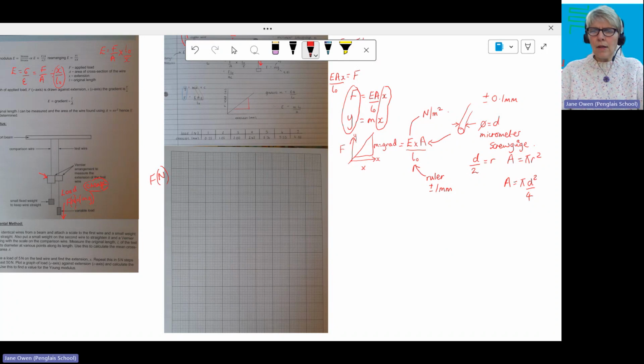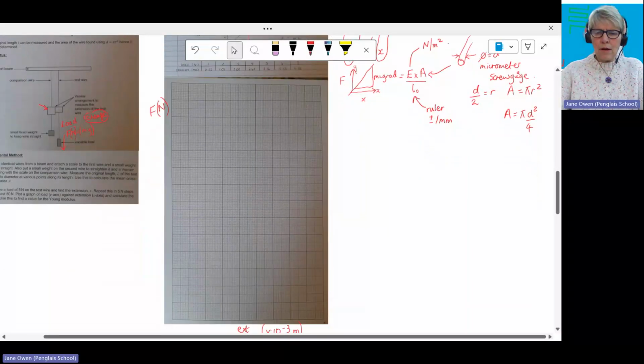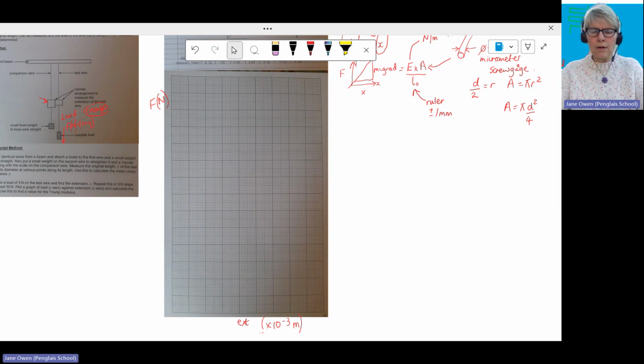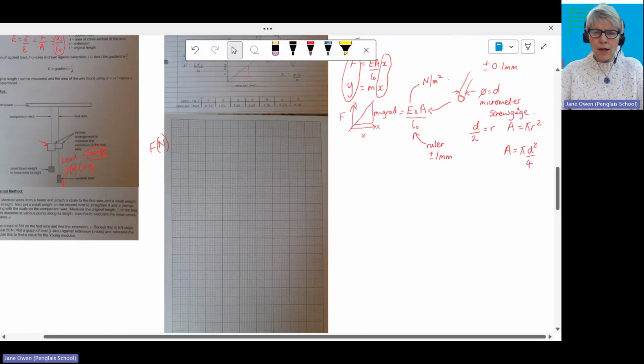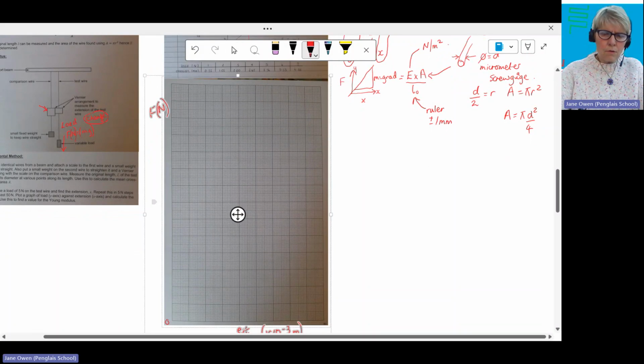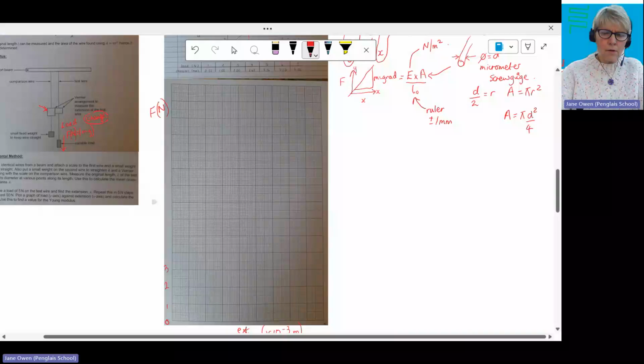So you can see that even when we've plotted our graph, choose sensible scales, and make sure that you spread it out over more than half of the grid available. In this case, I've got load going up to 7: 0, 1, 2, 3, 4, 5, 6, 7.